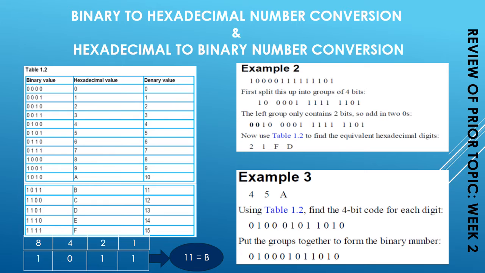The third group contains 1111 and its equivalent hexadecimal value in the table is F. And the last group contains 1101, and its equivalent hexadecimal value is D. So the answer is 21FD.